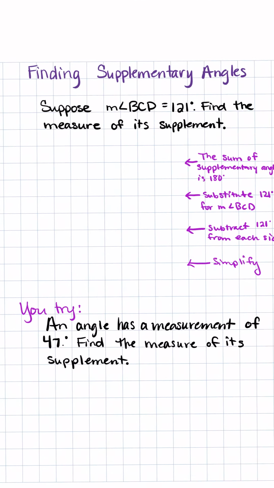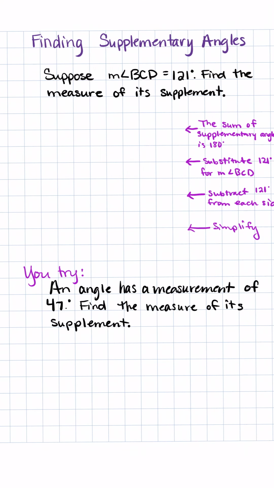Okay, so now we're going to look at finding some supplementary angles. So suppose the measurement of BCD equals 121 degrees. Find the measure of its supplement. So we don't know how many degrees x is. X degrees plus the measurement of BCD equals 180 degrees.